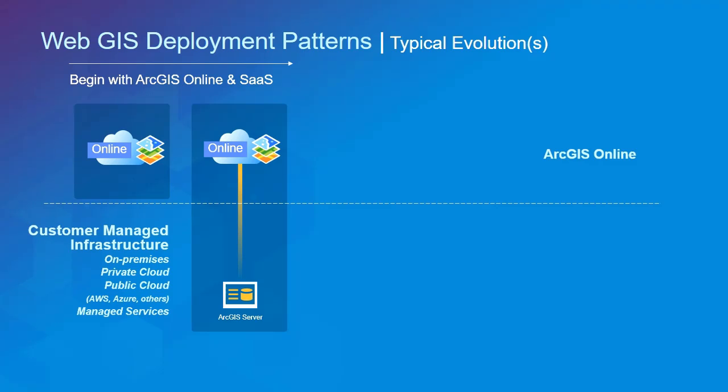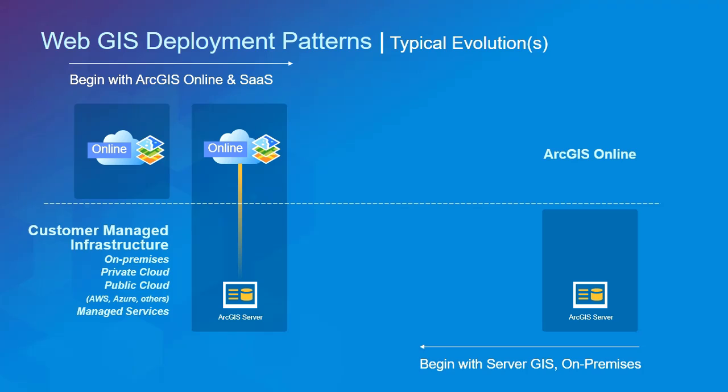Coming from the other side of the diagram, though, if we're beginning with server GIS on premises, this is something that you've been running in your own infrastructure, wherever that infrastructure may be, for a while, that classic standalone ArcGIS Server. The new thing is adding the portal infrastructure up in front of it.